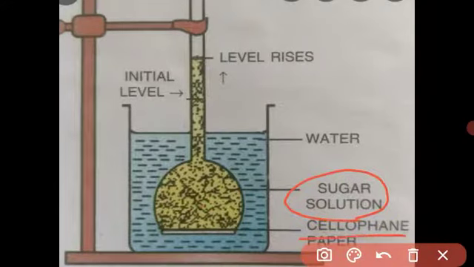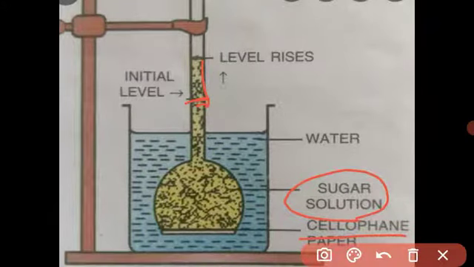The cellophane paper works as a semi-permeable membrane, and I keep this setup for a few minutes. This is the initial level of the sugar solution. After a few hours, when I check this experiment, the level in the thistle funnel has risen up.